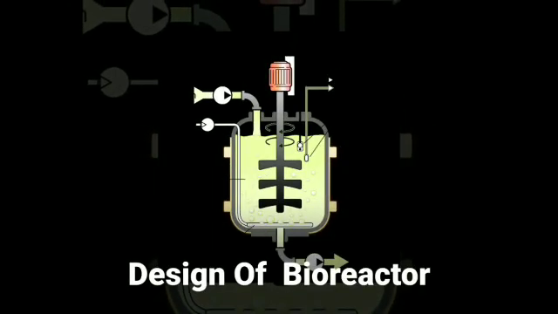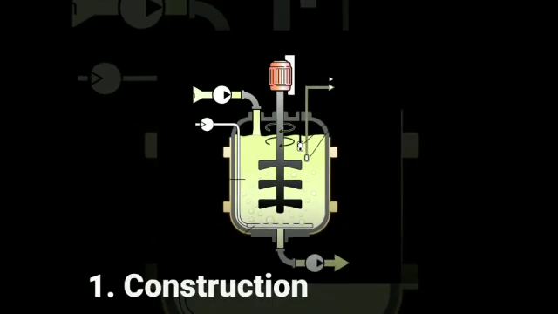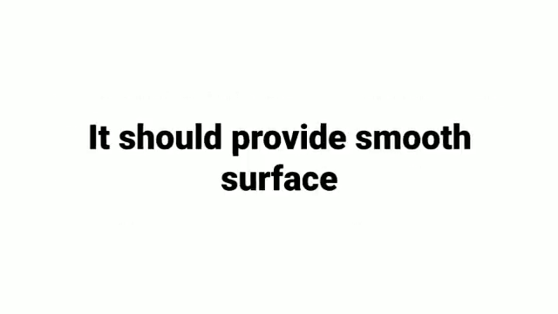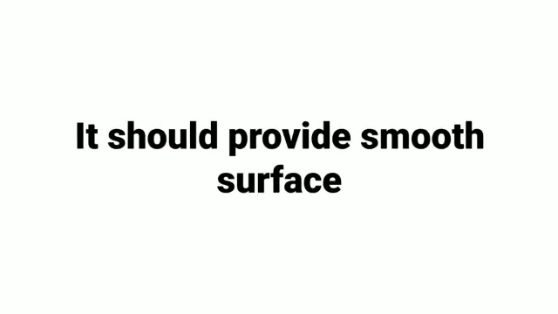Design of a bioreactor. First one, construction of material. The material should have the ability to withstand high temperature and pressure. It should provide a smooth surface.